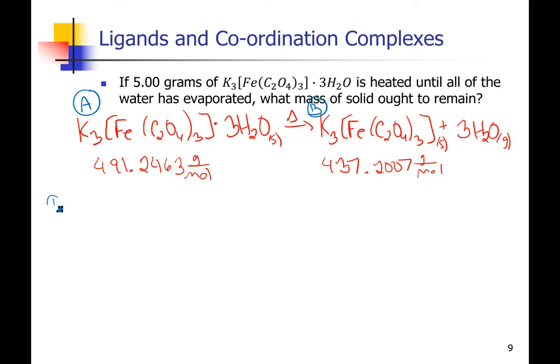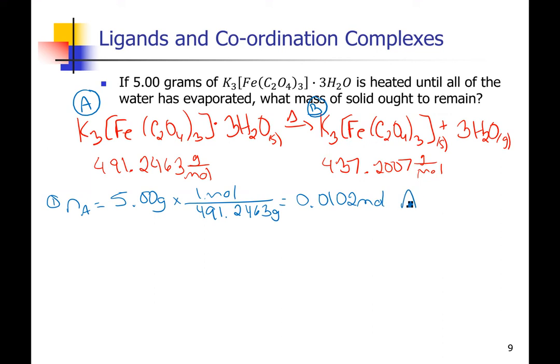And so if I want to calculate the number of moles of A, that's easy. I've been told that I have 5 grams of my hydrated salt, which is what I'm calling A. And I just need to divide that by the molar mass. And that will let me know that I have 0.0102 moles of my hydrated salt.